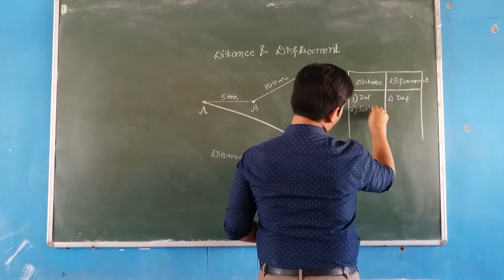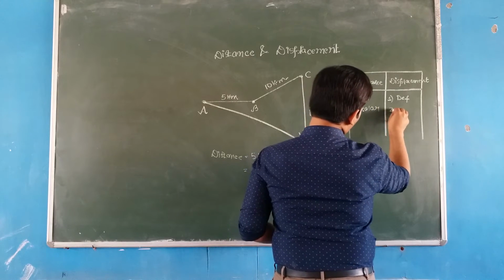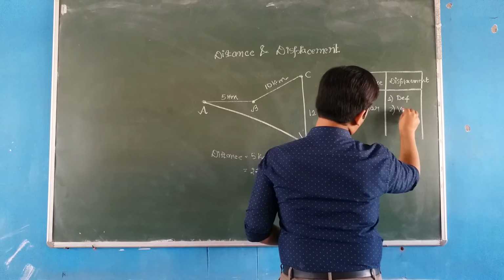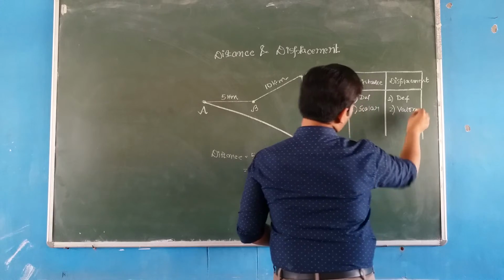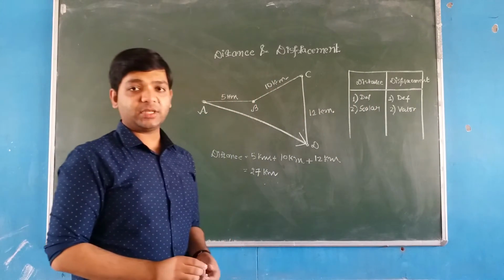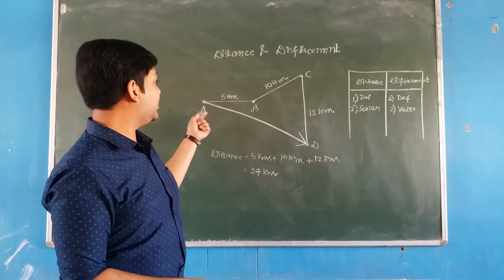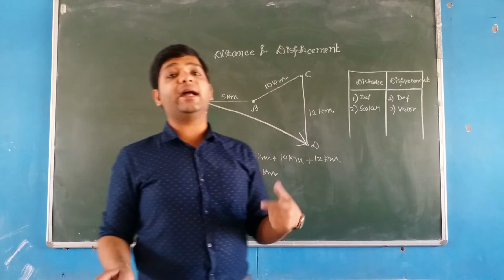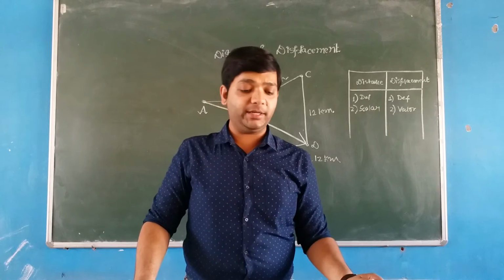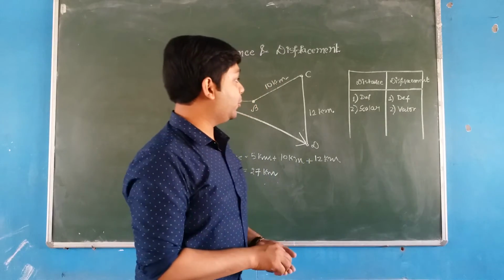So distance traveled is a scalar quantity and displacement is a vector quantity. And because it is a vector quantity, it must be having a direction, we discussed in the last class. So that direction of displacement vector is from point A to point D, that is from initial to the final point, right? Now write the third point.